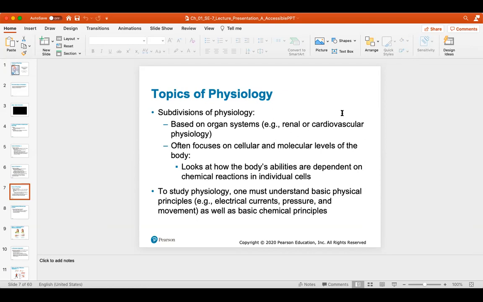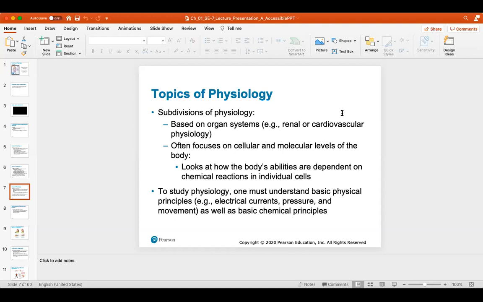Physiology often focuses on cellular and molecular levels of the body. It looks at how the body's abilities are dependent on chemical reactions in individual cells. So this is where physiology gets a little trickier than anatomy because we're actually looking into how the cells function on a chemical level, how your body breaks down glucose to create ATP or energy.